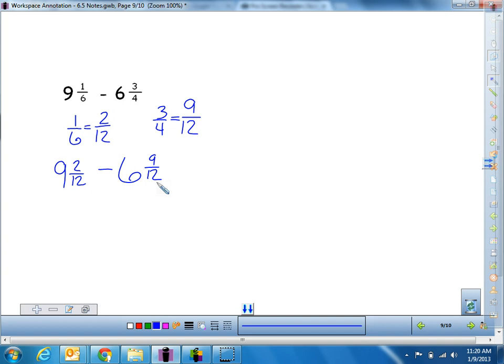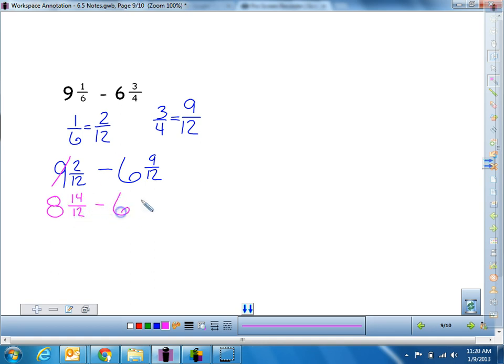Now I want to take 2 and subtract 9, and I know that I can't, so I'm going to have to borrow. So I'm going to take this and reduce it by 1. I've got twelfths, so I know I'm going to be taking 12 twelfths from the one that I borrowed and add it to the 2 twelfths. So 12 twelfths plus 2 twelfths equals 14 twelfths.